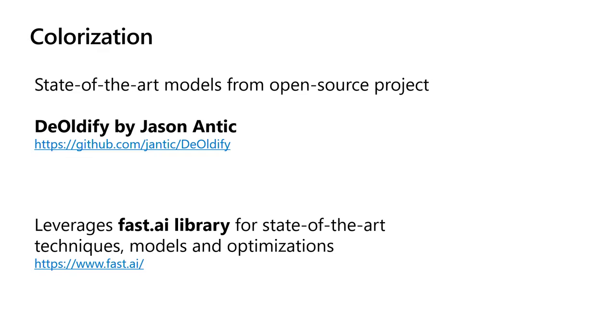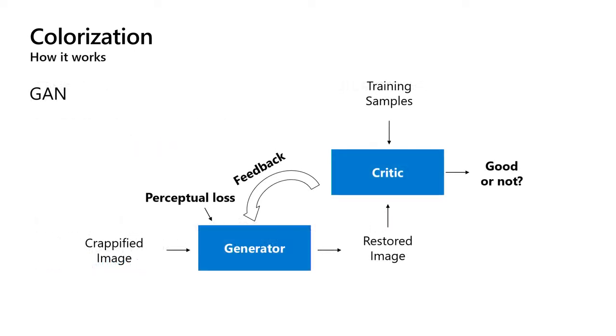But how does it work, simply? Simply put, at the core there is, again, a generative adversarial network, which, given a grayscale image or a damaged image as input, is able to generate a restored image. Let's imagine this as applying style transfer, but maintaining the content and adding a new style, which is color, to the image.